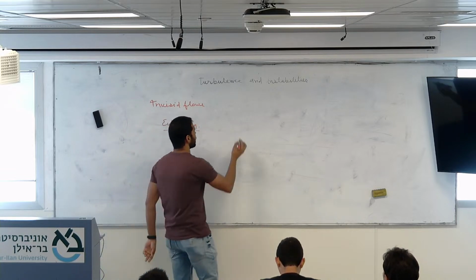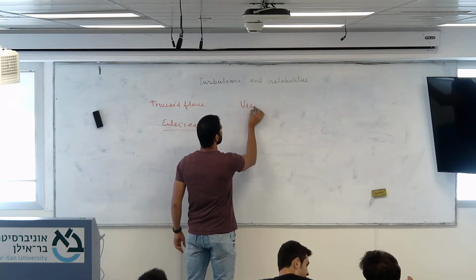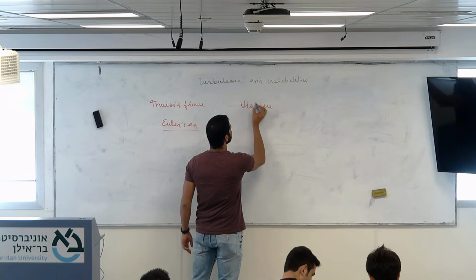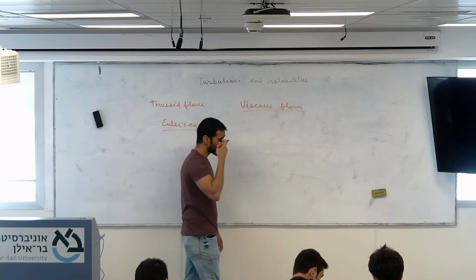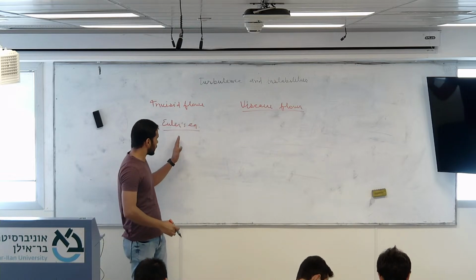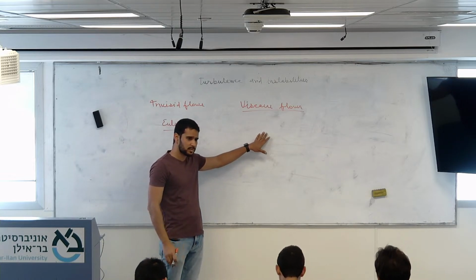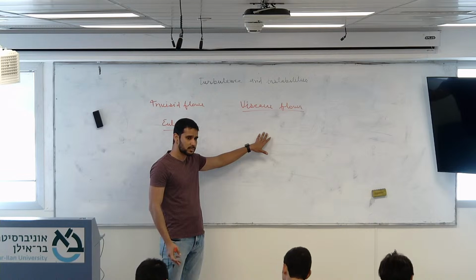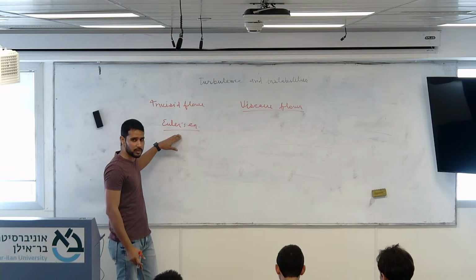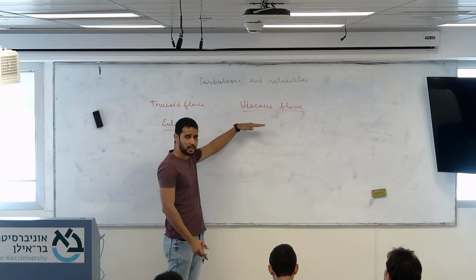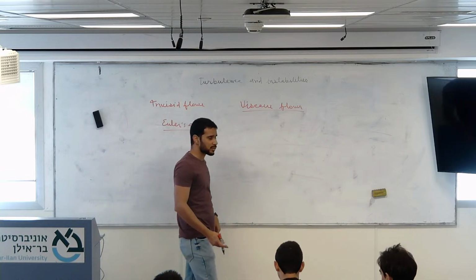Then we studied viscous flows. What is the corresponding equation for them? Inviscid flows satisfy Euler's equation. Viscous flows satisfy Navier-Stokes.